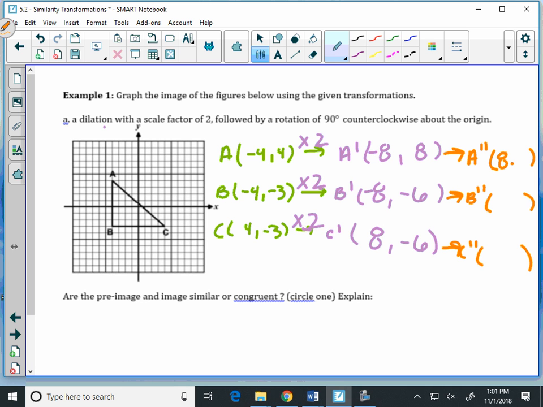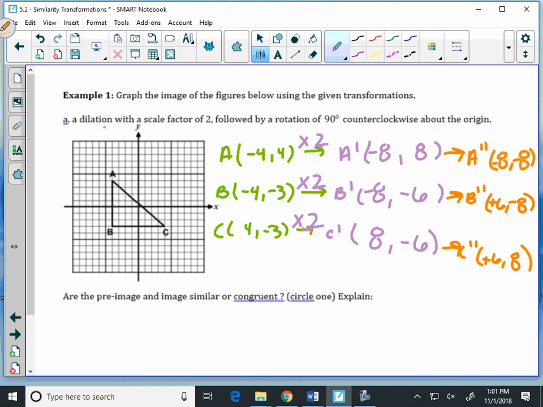Yep. So flip your points. I like to flip first, and then go through and change the sign of the first. So the positive 8 becomes negative. That becomes positive, and that becomes positive. And then those orange points are your final answer.